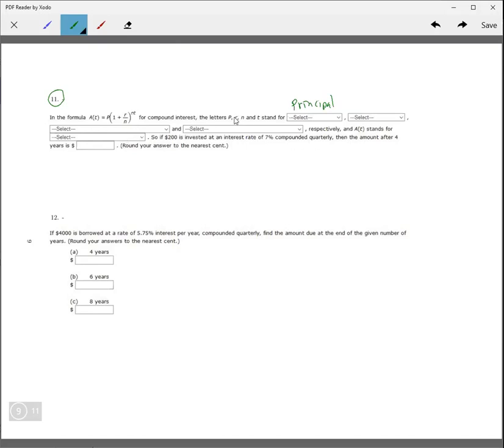R is the interest rate per year. It's not per month or anything. It's the overall, the yearly interest rate. N is the number of times interest is compounded per year.